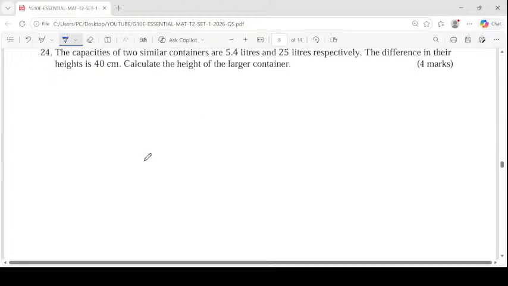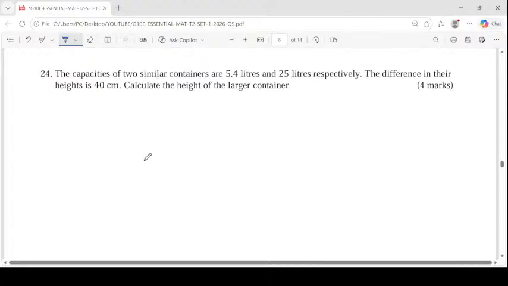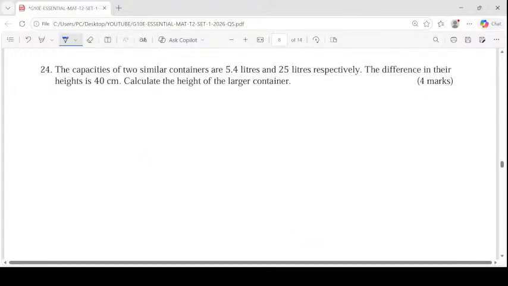Let us get to question number 24 of our discussion. The capacities of two similar containers are 5.4 liters and 25 liters respectively. The difference in their height is 40 centimeters. Calculate the height of the larger one.